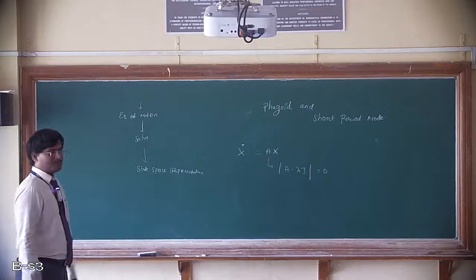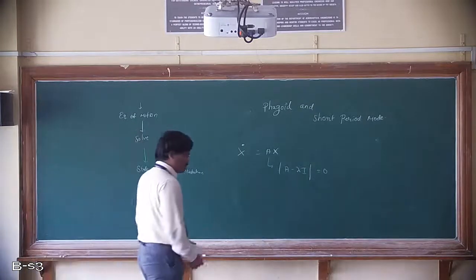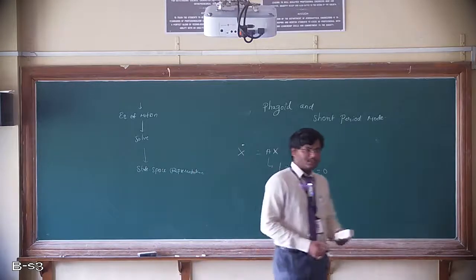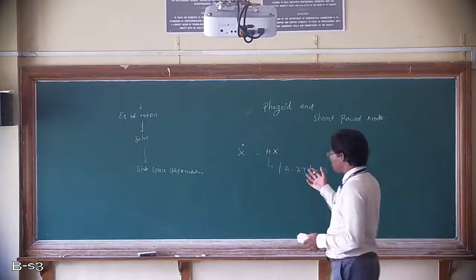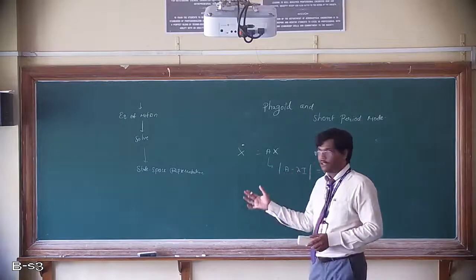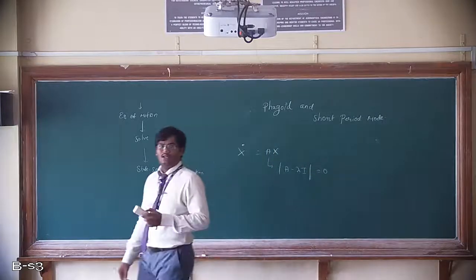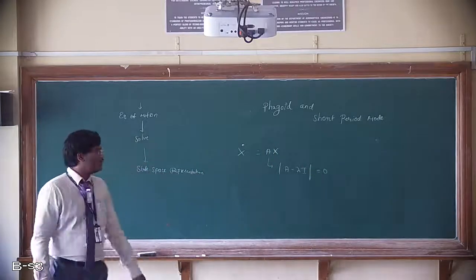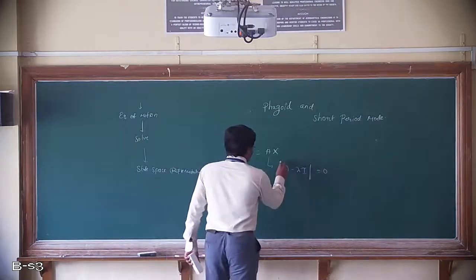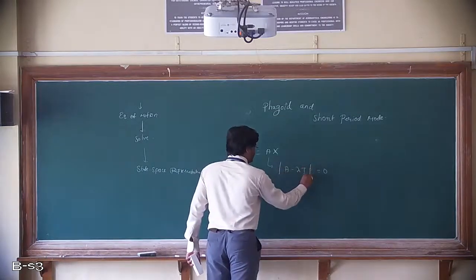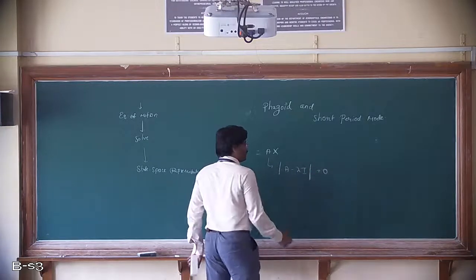You can find the characteristic equation of the system matrix, that is determinant of A minus lambda I is equal to 0. Coming to our aircraft, yesterday we discussed what is meant by longitudinal motions and lateral directional motions. Here we are discussing longitudinal modes, the phugoid mode or short period mode.